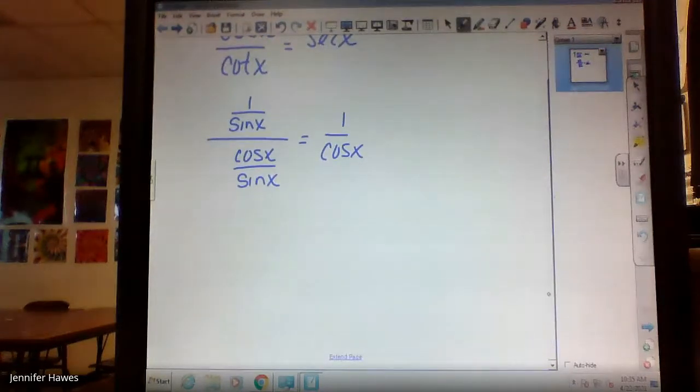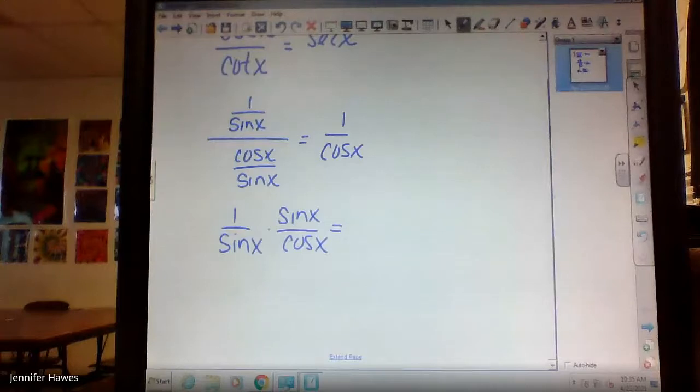So now, how do you divide fractions? Flip and multiply. So I could say copy, dot, flip. I copy that, and I flip that over.